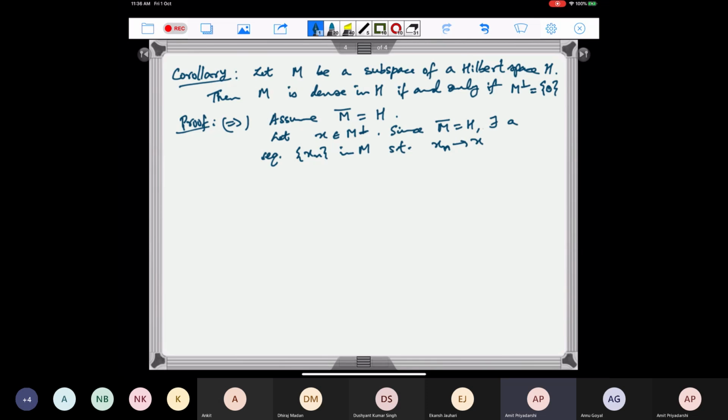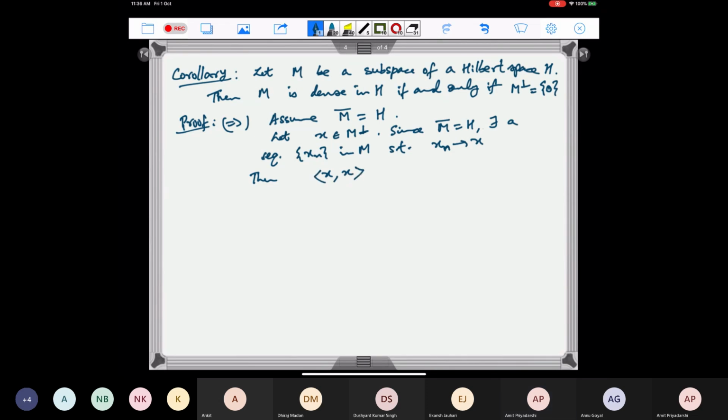Because xn is in M, what is the inner product of x with x?